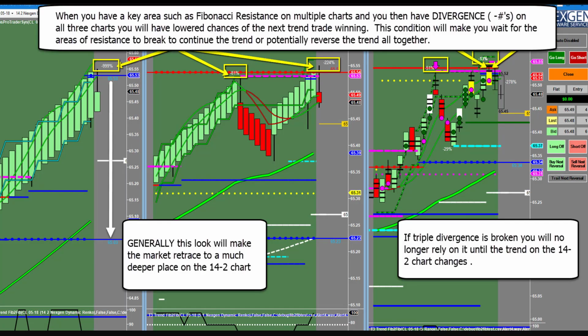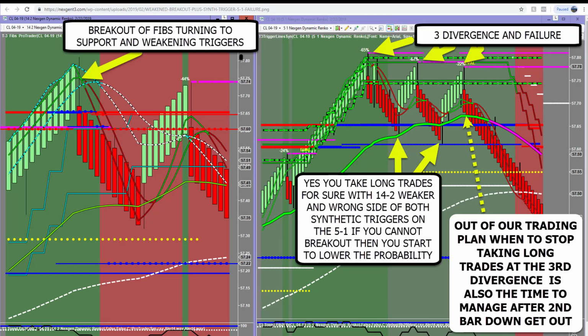Now, one of the other concepts that we use when we talk about stopping, don't do any more trend trades, is triple divergence. So if you have divergence on all three charts, stop going long, that's the rule. We incorporate that same rule when we're talking about management, because if you look at the large chart over here, we're going long, period. Breakout of fibs, everything's good, we're going long.